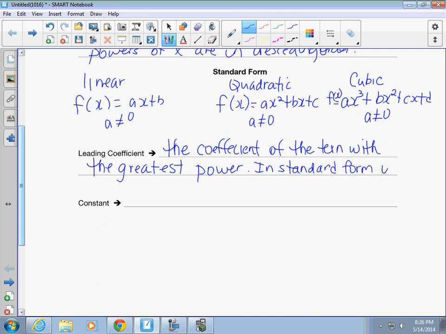So in standard form, it is a. So your constant then is just the term without the x variable.